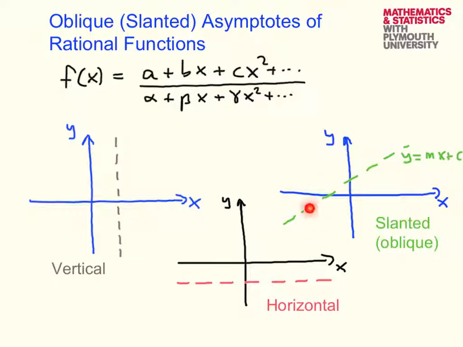So we'll look at horizontal asymptotes on the next slide, and we're going to do this through examples.